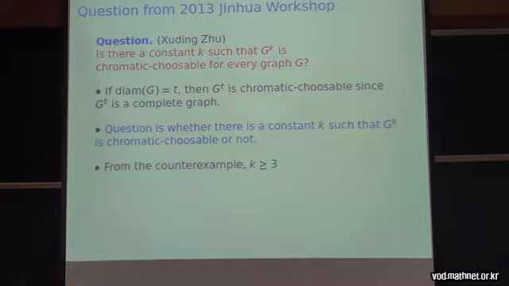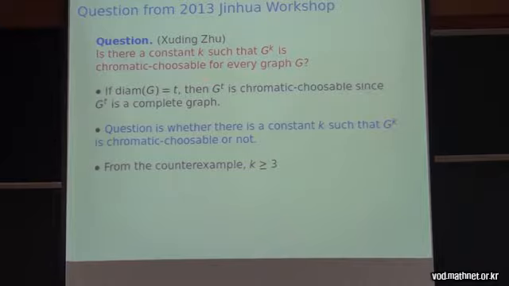But this is constant k. The question is constant k for every graph. So as you said, if the diameter of G is t, then G to the t is just a complete graph. Actually this observation is one positive intuition.